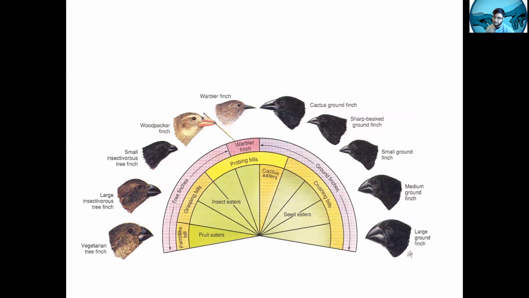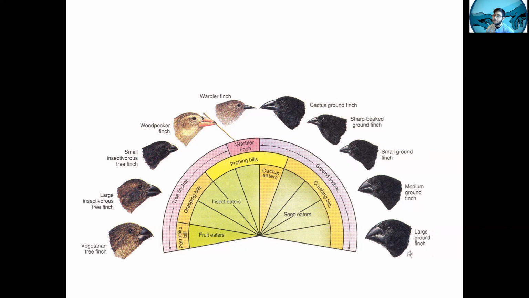So if we talk about finches, for example, the cactus ground finch, which had this cactus eating bill, and you needed to develop that and select for it because there's an abundance of cactus and not a lot of other foods.